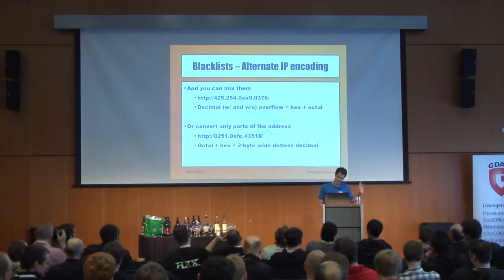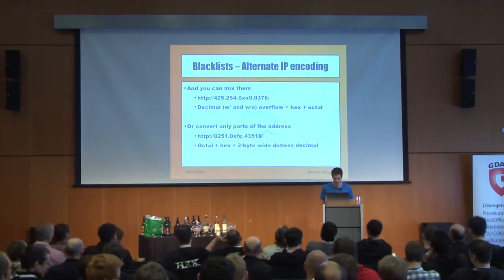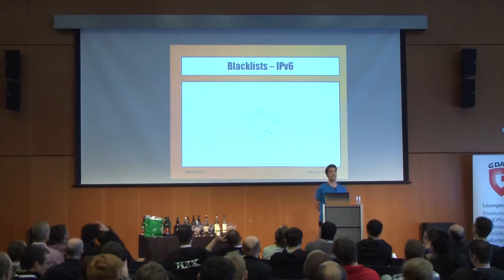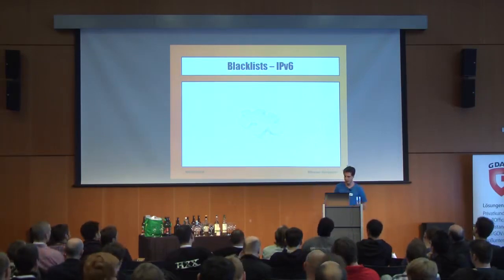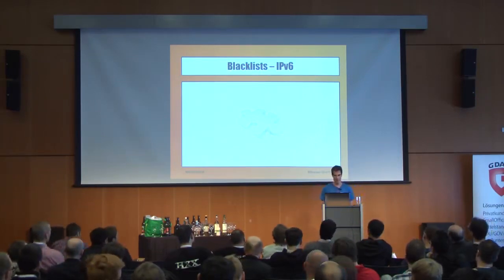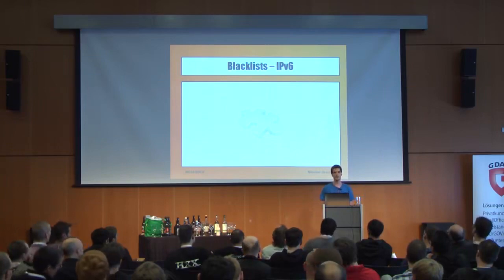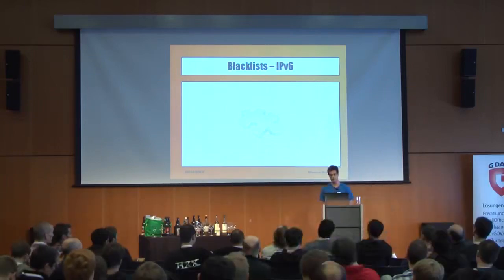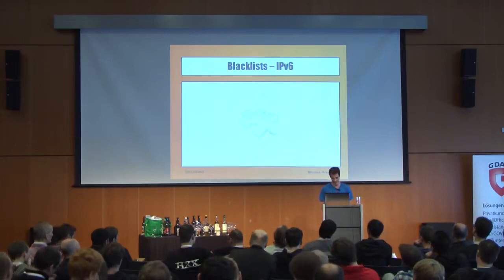Oh, no, that's not all my content, but it's a little bit later. IPv6. Most of the time, your target operating system has IPv6 enabled. Maybe it's not used, but we have an IPv6 interface.